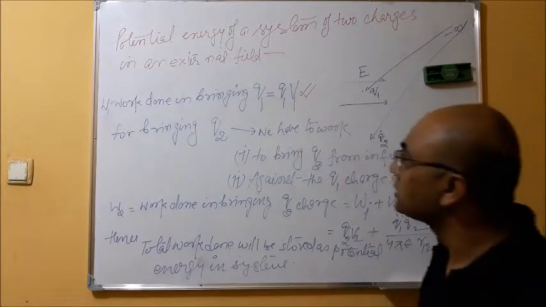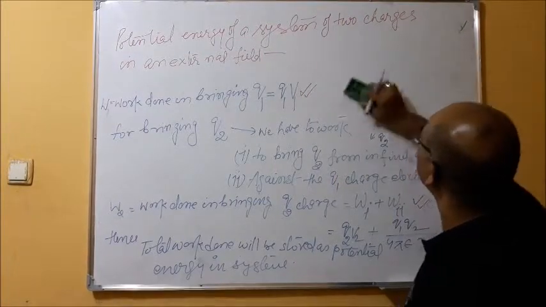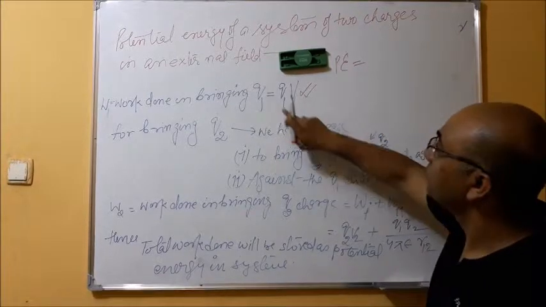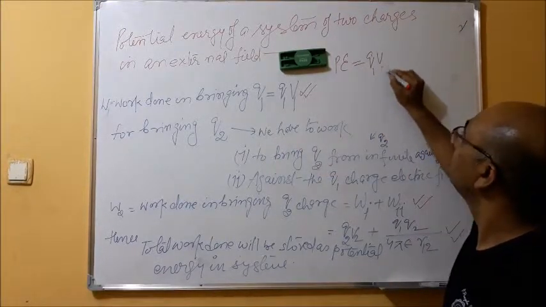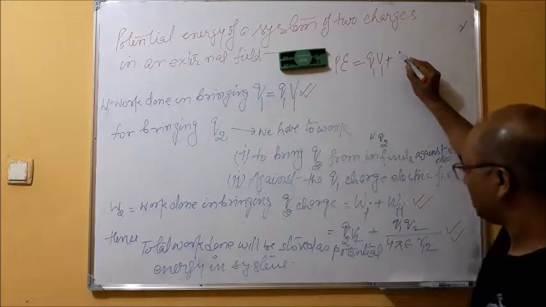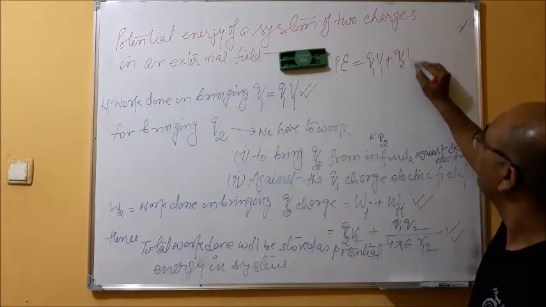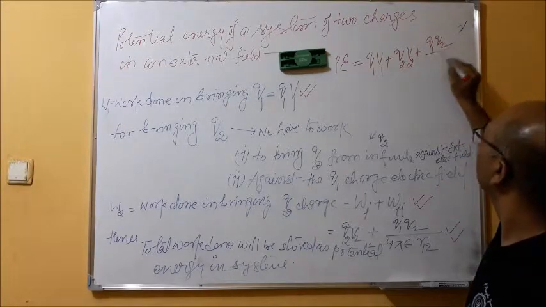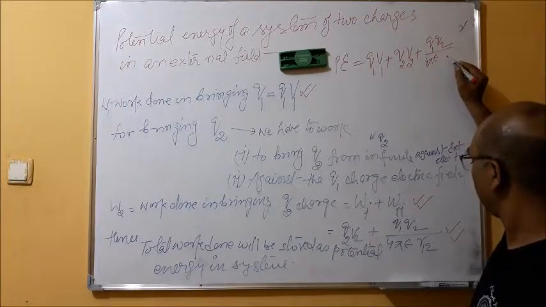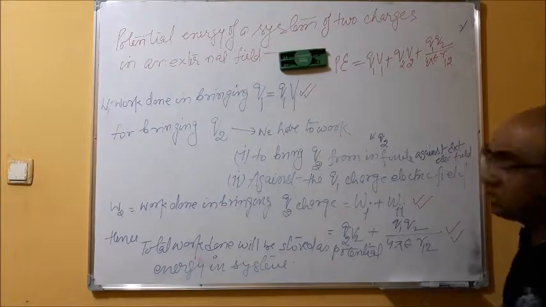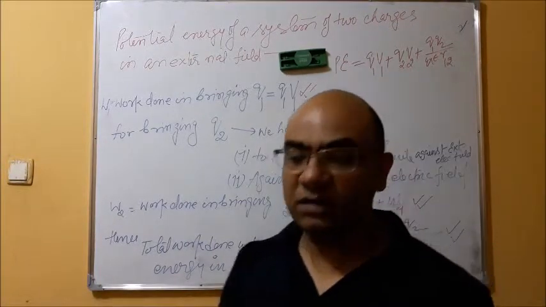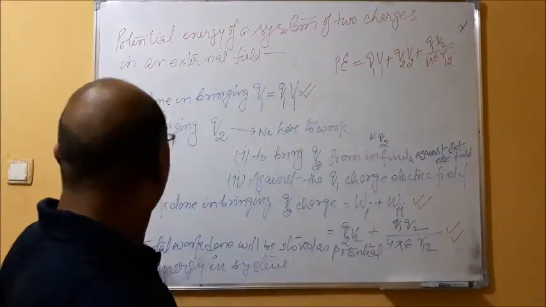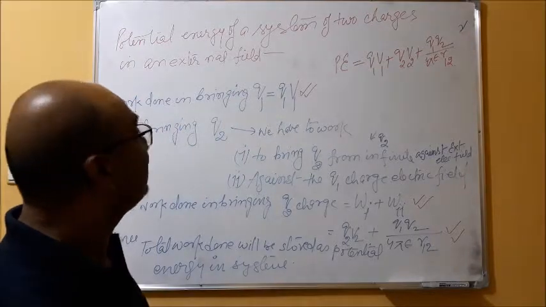So the total potential energy can be given as Q1 V1 plus Q2 V2 plus Q1 Q2 upon 4 pi epsilon R12. In this way we can find the overall potential energy of a system of two charges in an external field.